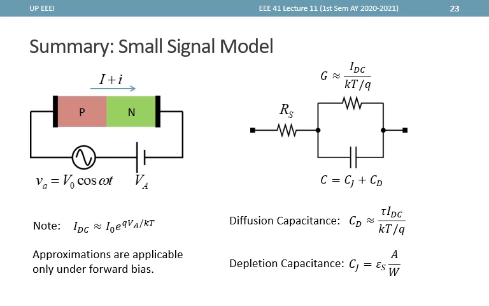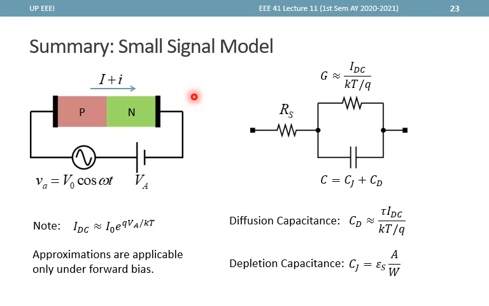So in addition to that, we can add some series resistance here. That series resistance is the same resistance for DC. If you look back from EEE 33, the AC resistance of a resistor is the same as its DC resistance. So we can just put that in series here.